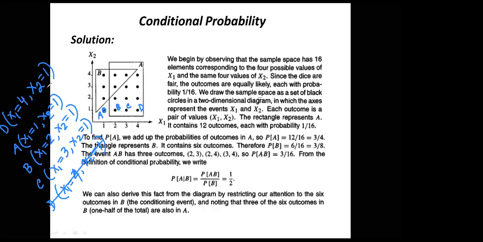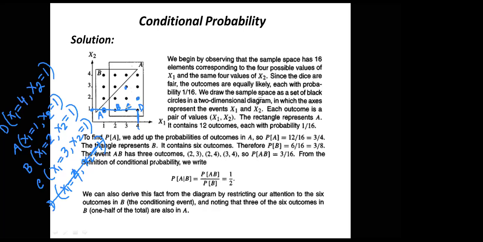Can you show it on the diagram? Look at this one. What is the x1 value? The x1 value is 4 and the x2 value is 1. So every point has a value of x1 and a value of x2.